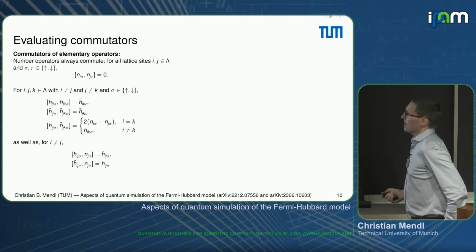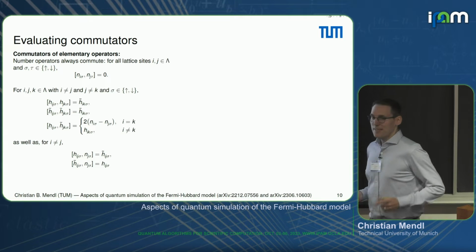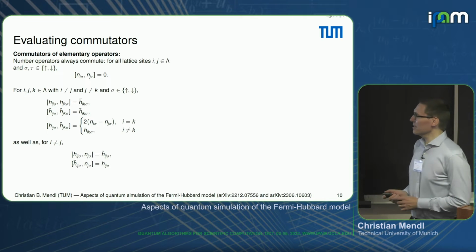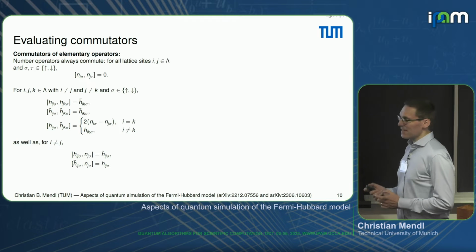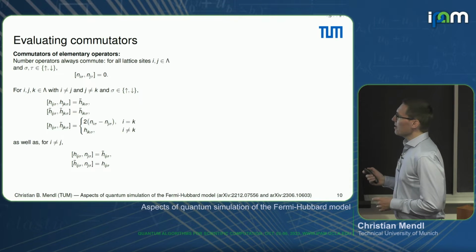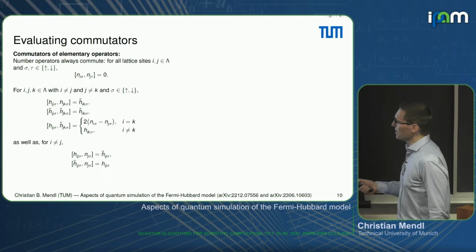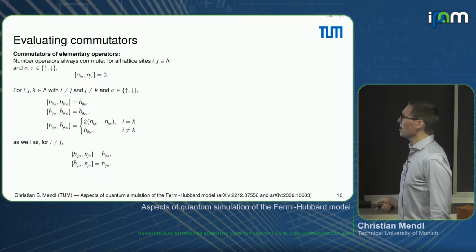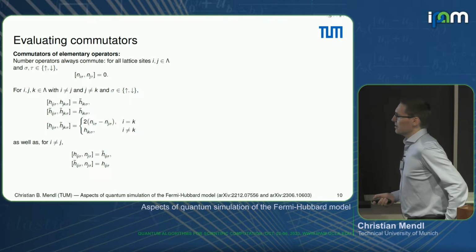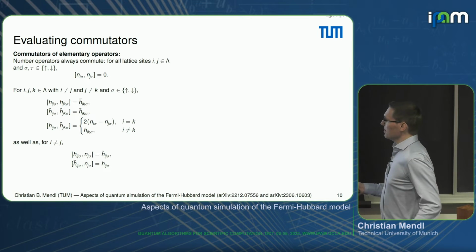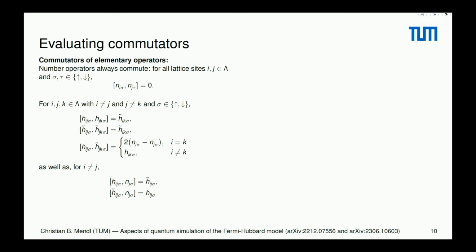Now the technical part of this work is that we still need to evaluate these nested commutators. But we can first of all do this analytically for these elementary operators. If you just have, for example, number operators, they anyway commute, but then you can, with pen and paper so to say, pre-compute these commutators between these elementary hopping or number operator terms.